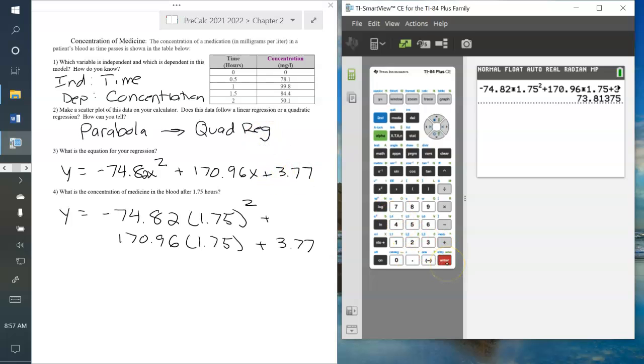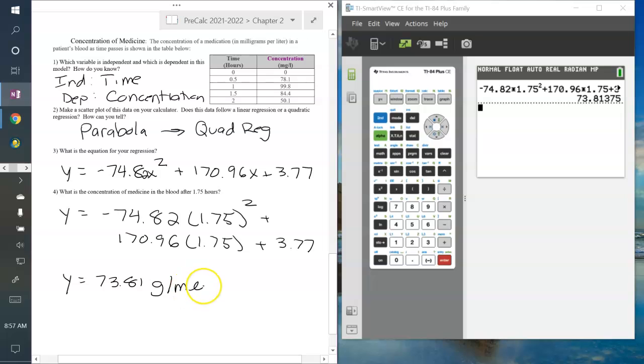See what we get. I get 73.81 grams per milliliter.